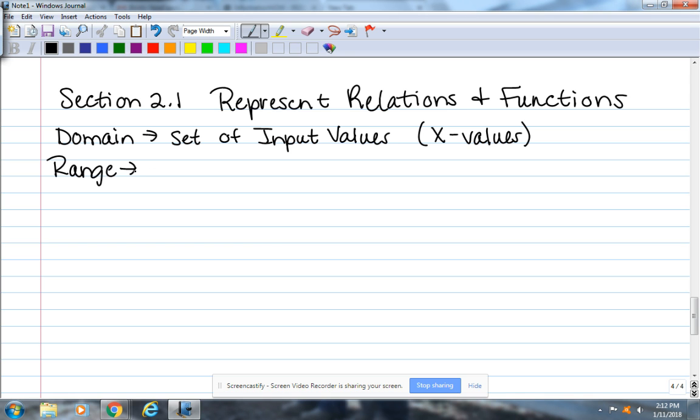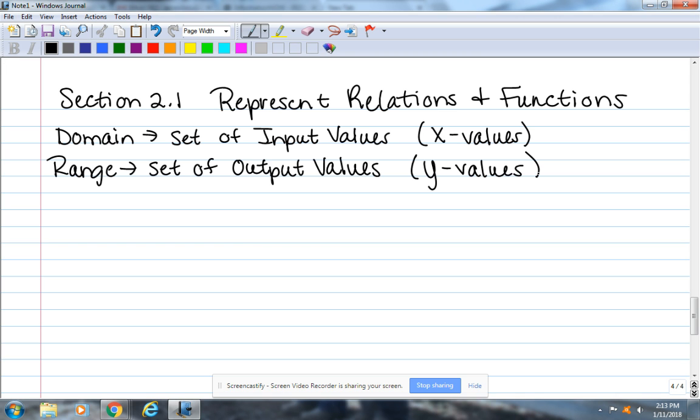And that is the set of our output values. So if domain is our X values, what do you think our range is? The Y values. Very good. So domain is the X values, our range is our Y values.